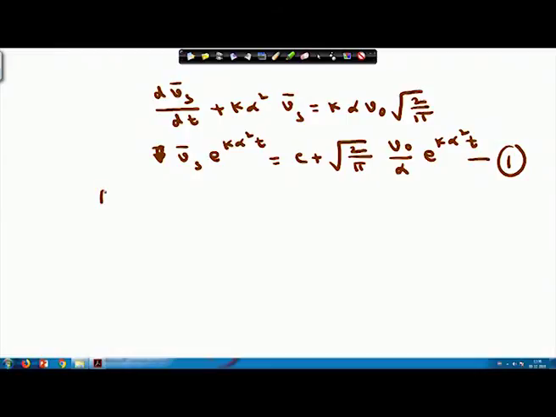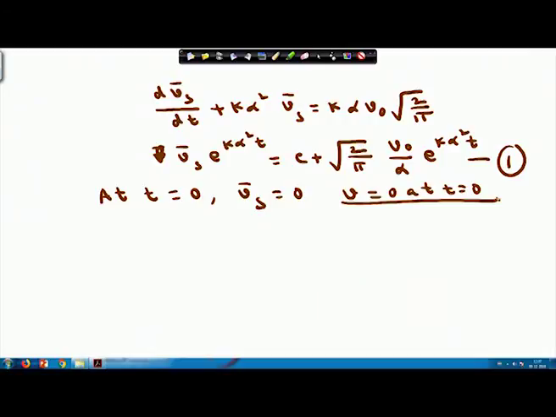At t equals 0, your v bar s is 0. Why? Because we know that v equals 0 at t equals 0. This is known to us. Therefore, v bar s equals 0 at t equals 0. So, if you put it in 1, then from 1 you will obtain 0 equals c plus root over 2 by pi v 0 by alpha.